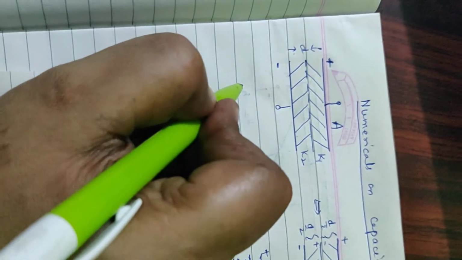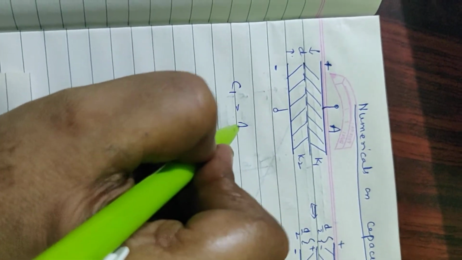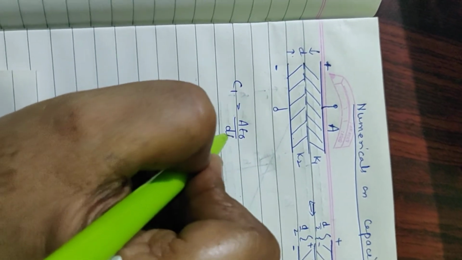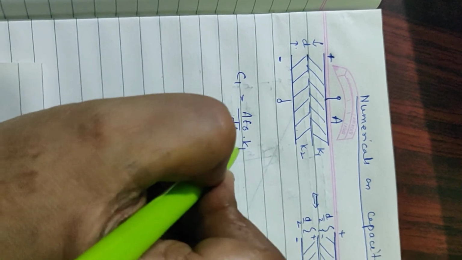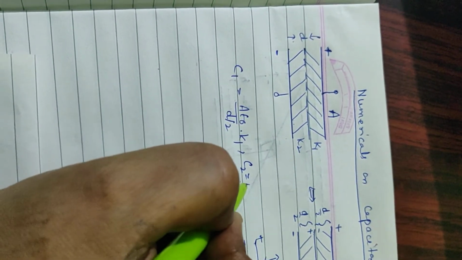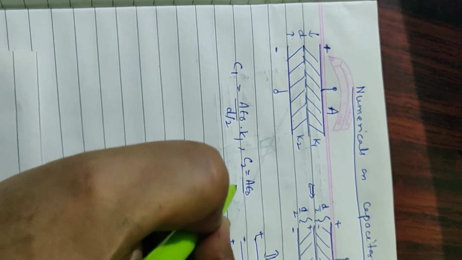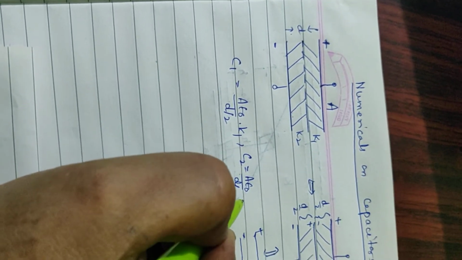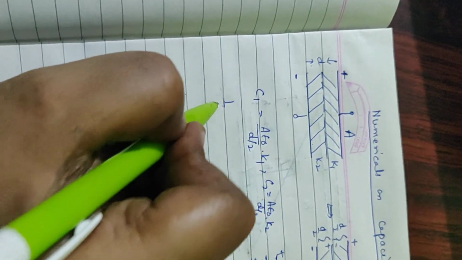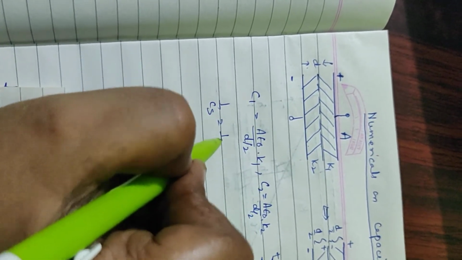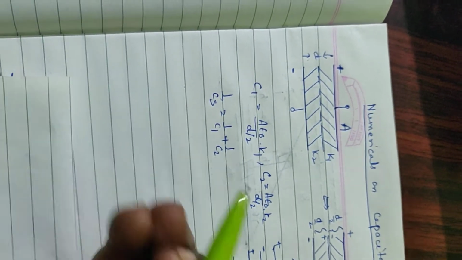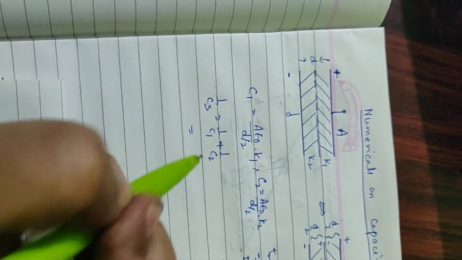So we can write C1 as A epsilon naught by D by 2 into K1, and C2 is equal to A epsilon naught by D by 2 into K2, and since they are in series, we can write 1 by Cs is equal to 1 by C1 plus 1 by C2 and substitute the values.